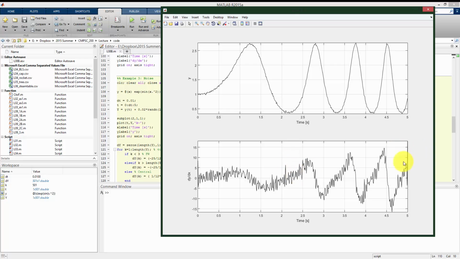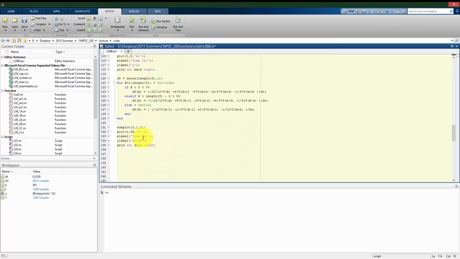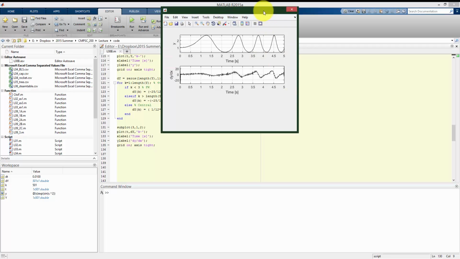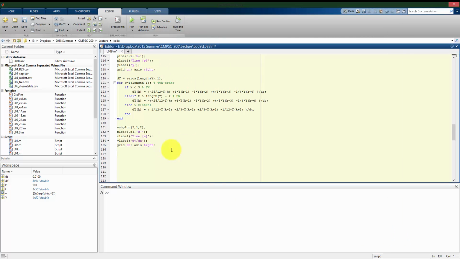Let's see what happens in contrast. So here I have my differentiation. I have the original. Let me actually add a 3rd spot here. So let's also look at the integral, what we did last time. So for this, I can use cumtrapz.